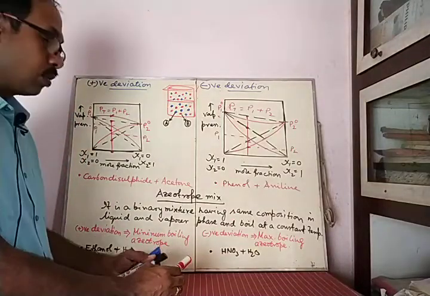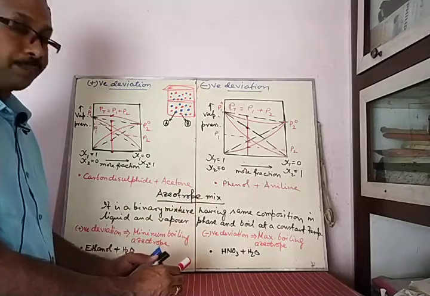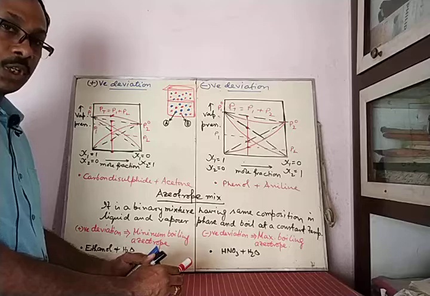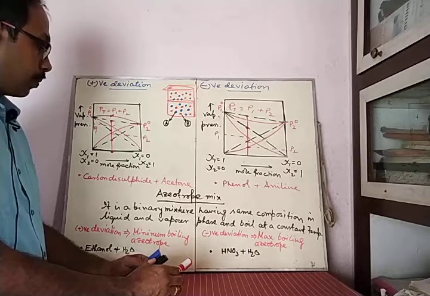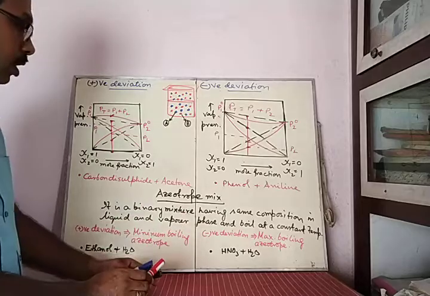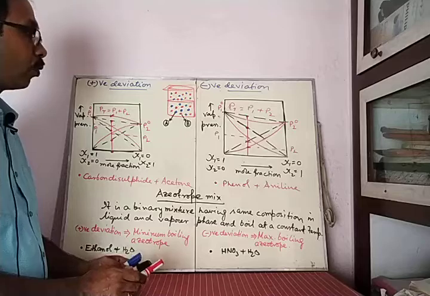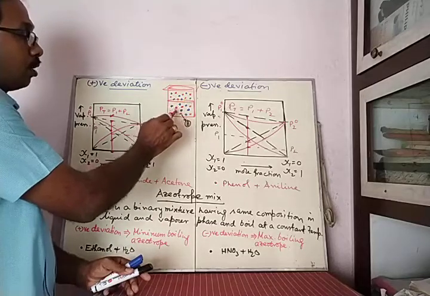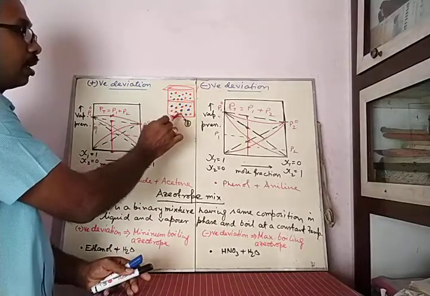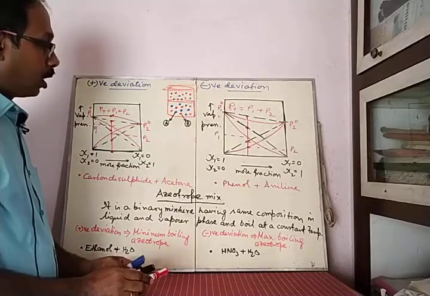Then let us discuss about azeotrope mixture. What is the azeotrope mixture? We can explain this as for a binary mixture, means two component liquids mixture, there is a situation that may come when the composition of the two liquids in the liquid phase as well as in the vapor phase becomes equal.